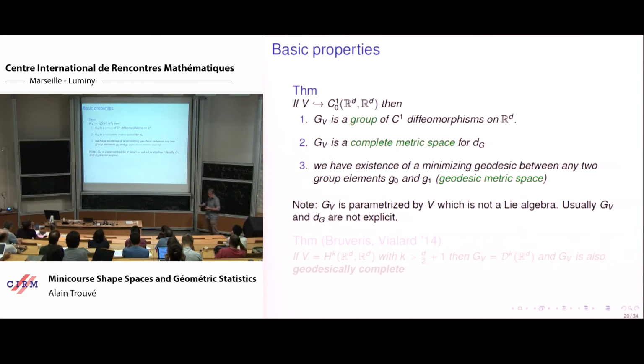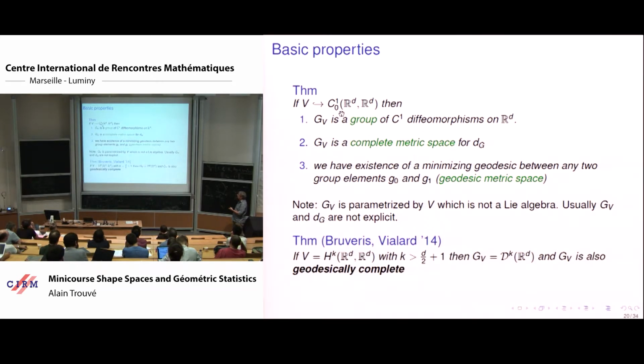Now by just integrating all that flow, you will get a group which is a complete metric space. You have a geodesic between any two elements. You have something which is really cool and smooth, even if this group is not a Lie group, and you could say this is some kind of completion of a smooth Lie group.